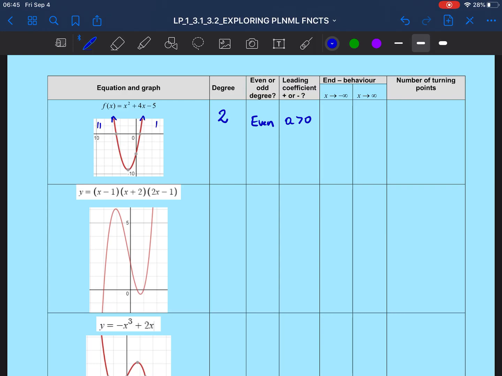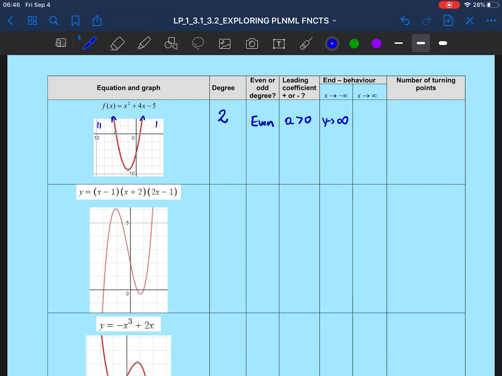So we're going to say that as x approaches negative infinity, the y values will approach positive infinity. So the way we look at it is this. As x approaches negative infinity, so as x becomes smaller and smaller, the y values increase. They become bigger and bigger.